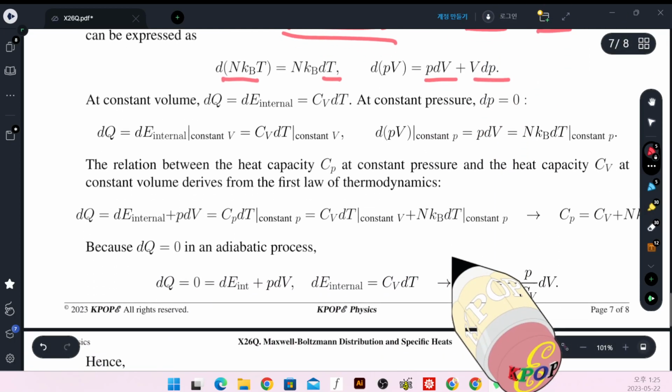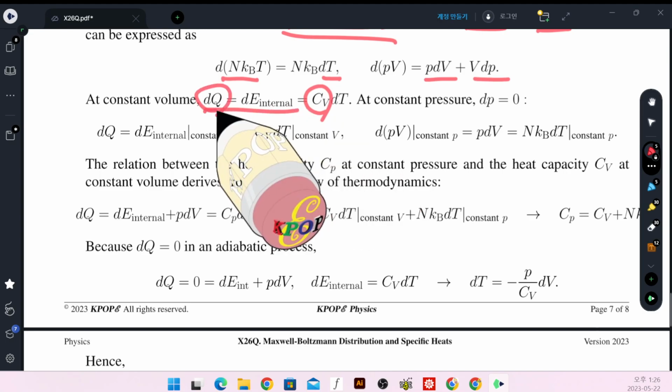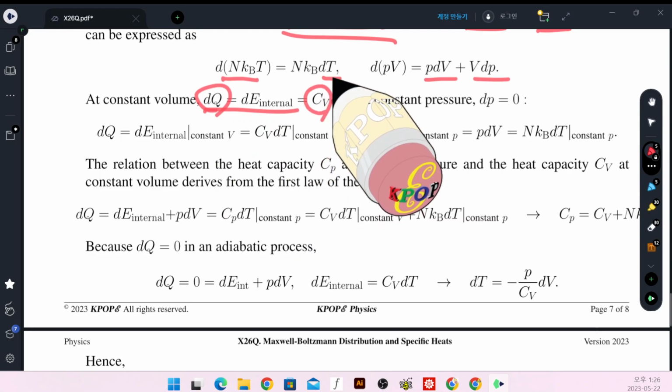At constant volume, we can compute the heat capacity at constant volume because in this manner, the heat supplied is directly converted to the temperature change of this gas, because according to the first law of thermodynamics, there is no work done by the gas.